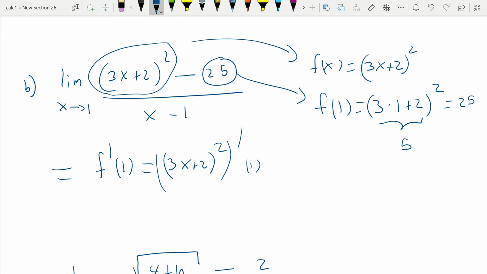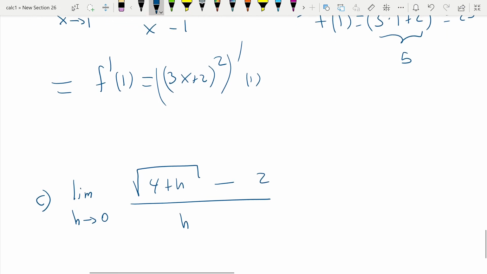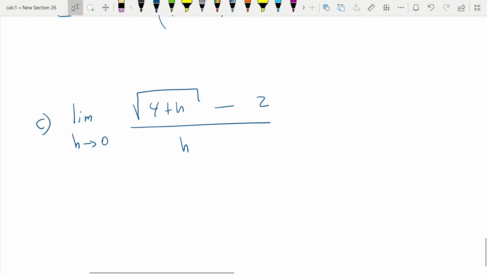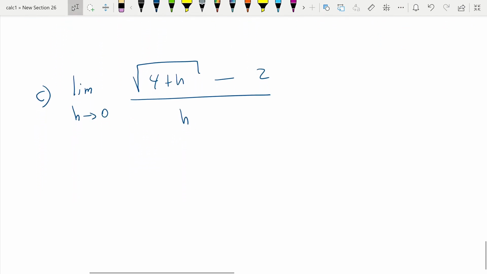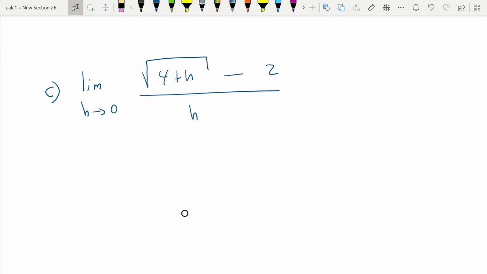Same thing here, so this is 5 to the x prime at the value 3. We're going to very soon start thinking of derivatives as functions themselves. Now there's an example where you have a limit not when x is approaching a certain number, but when h is approaching 0.